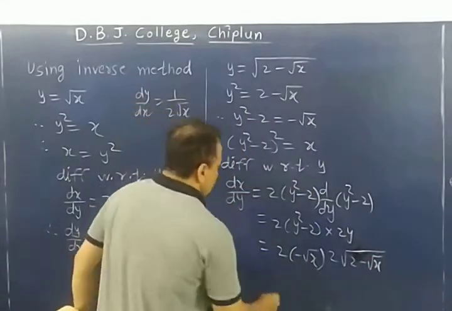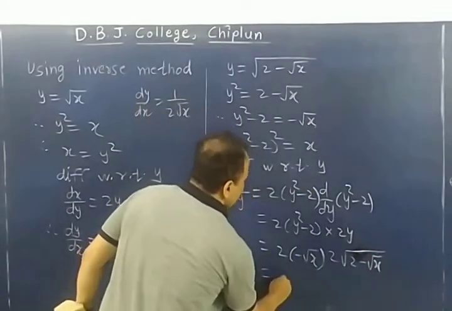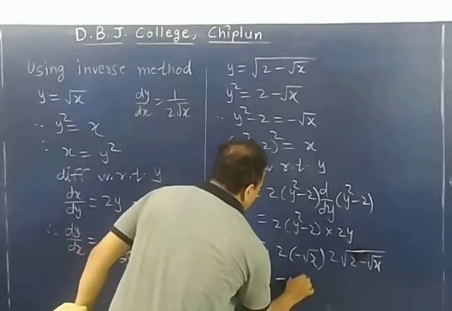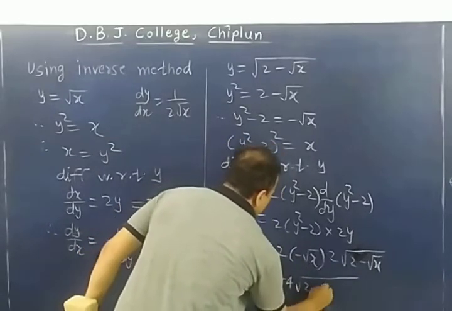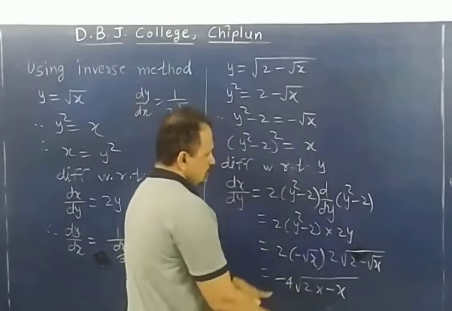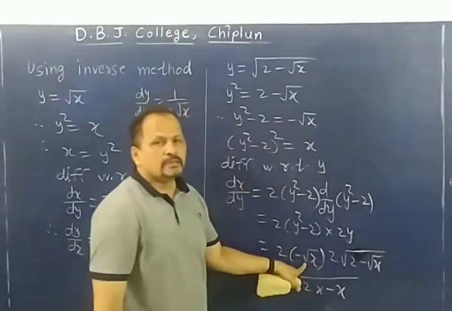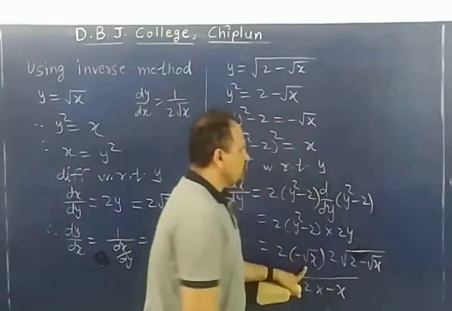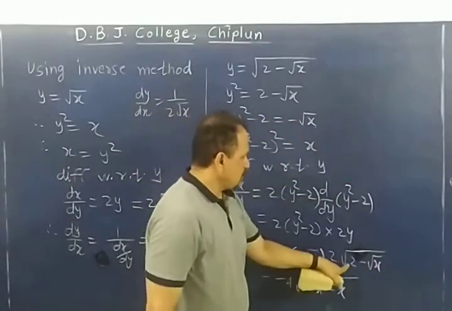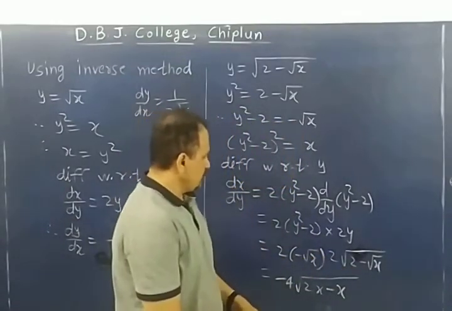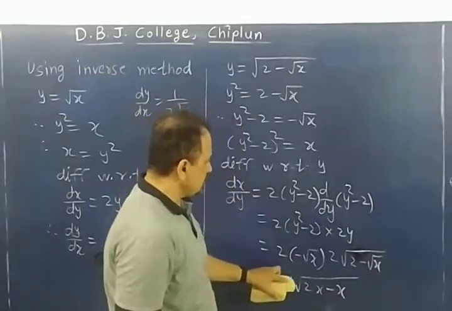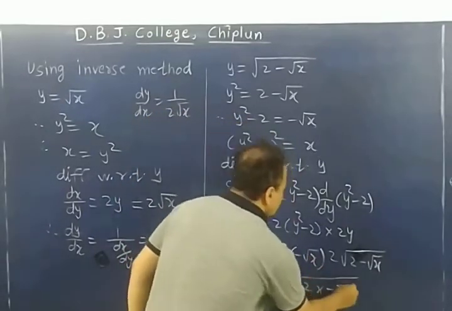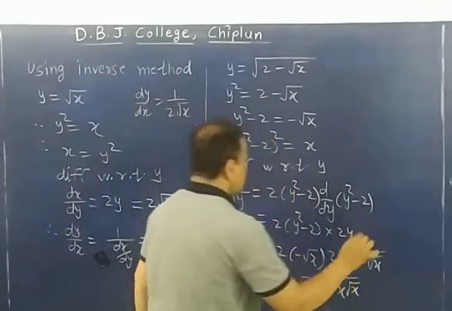Combine these two, we get minus 4 under root (2x minus x). I can multiply these two brackets, root x and root 2 minus root x. I made a mistake here. 2x root x.